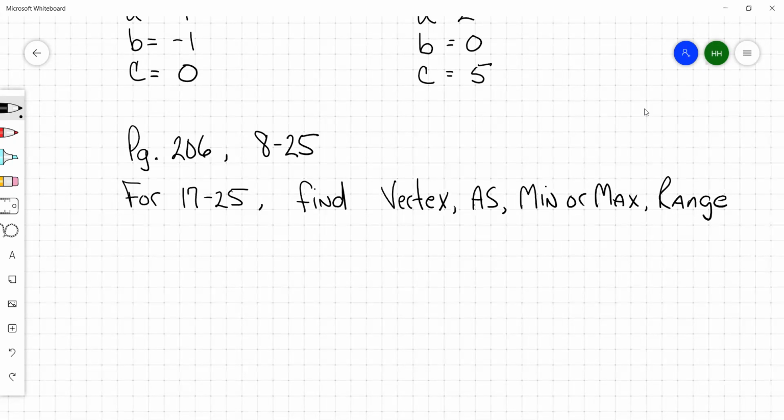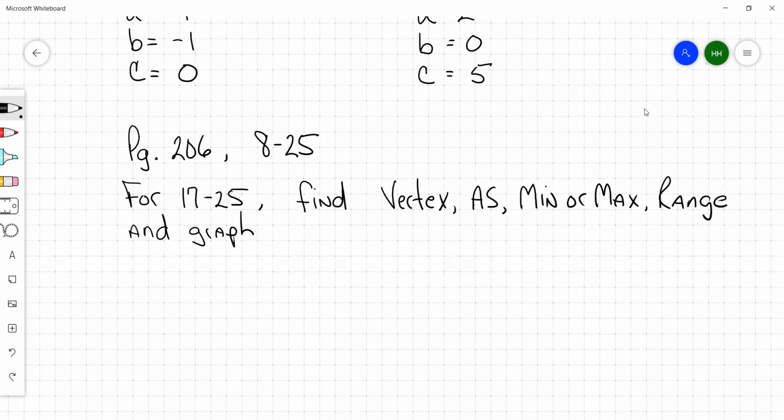You need to show me that your graph, when you're graphing 17 through 25, I'm going to say and graph. You need to show me whether it's going to go up or down, and whether it's going to be fatter or skinnier than the standard graph.